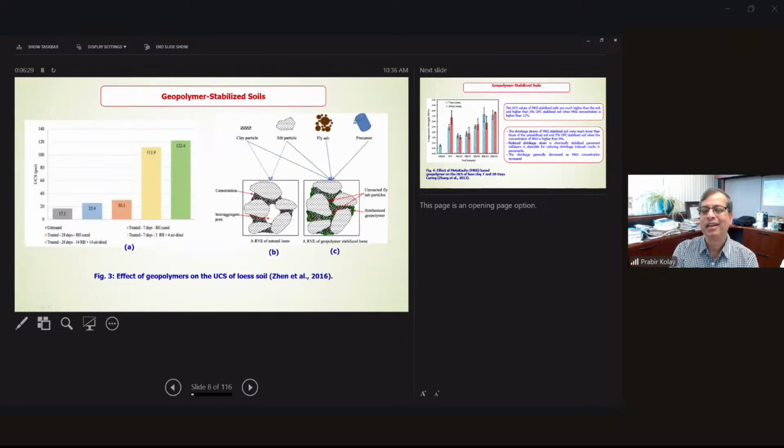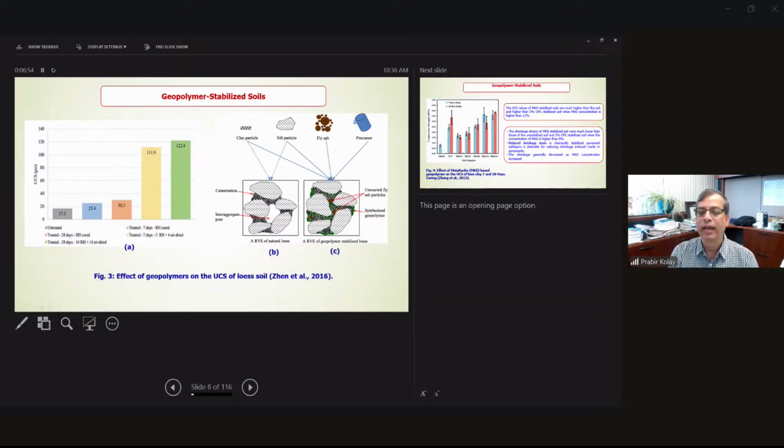So people have already done studies on geopolymer soil stabilization. Over here, you can see the UCS strength, how the UCS strength gained after 28 days. Over here it is 110 to 124 psi. And this is the reaction, basically the clay particles and the silt particles and the precursor when we added. So what is the reaction?